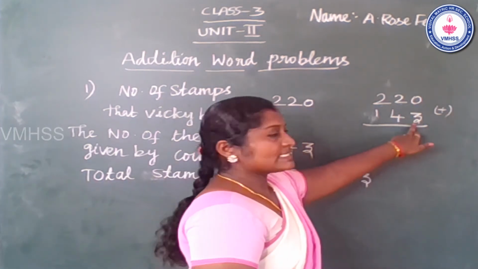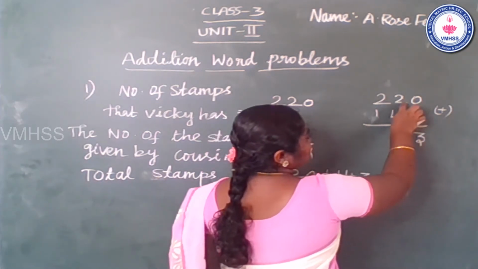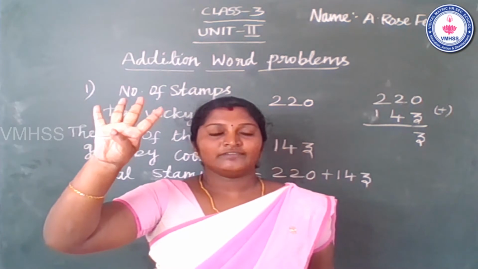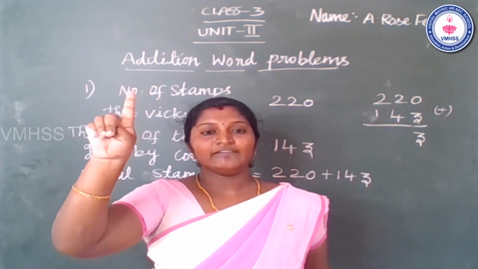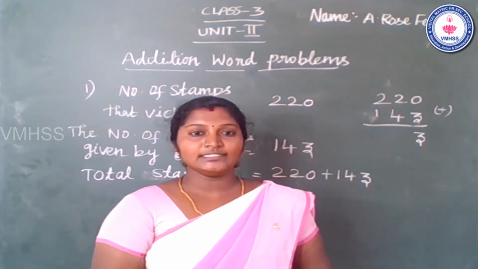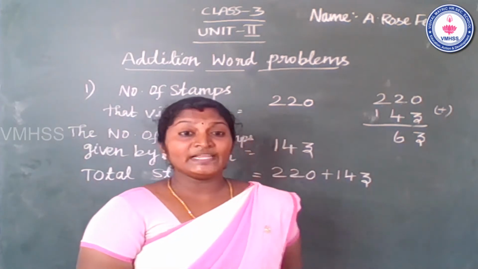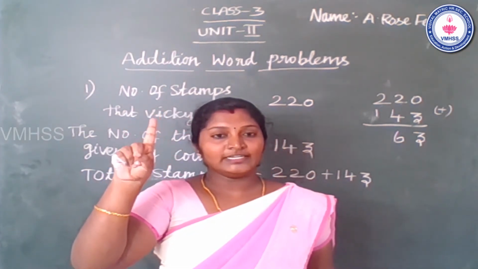So 0 plus 3, very good, 3. So 2 plus 4. 3, 4, 5, 6. So what is the answer? Very good, 6. So 2 plus 1: 2 in the mind, 1 on the finger.